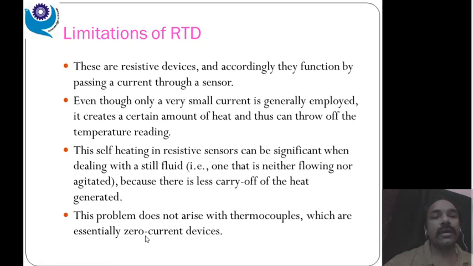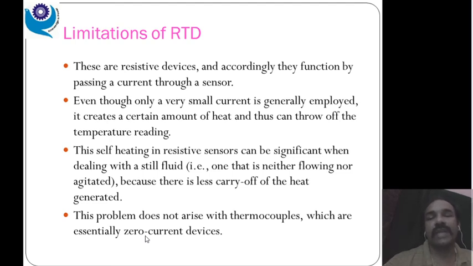Similarly, even though only a very small current is generally employed, it creates a certain amount of heat. Obviously when we pass a current, it generates heat, and due to this the temperature readings fluctuate, they change. This is what we can say is a limitation.